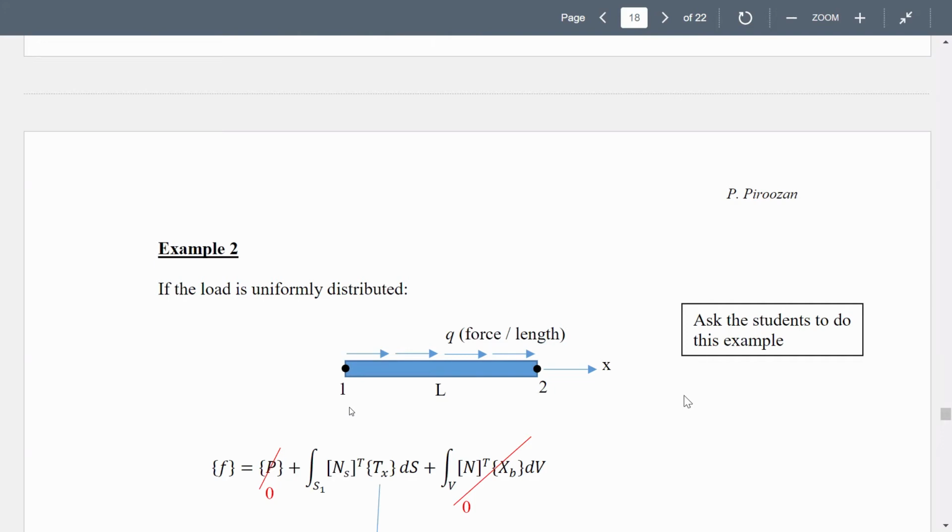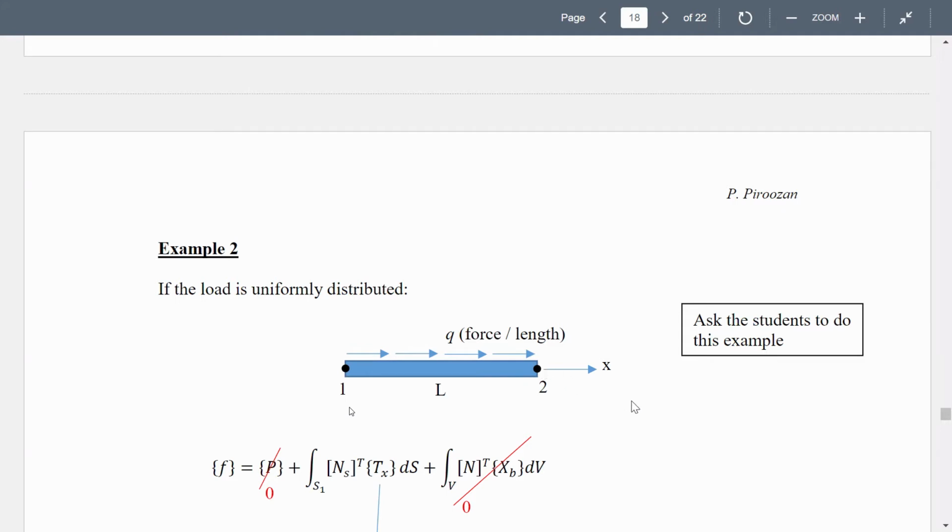Yes, sir. All right. Now I want you to make a sketch of this one. This is a uniformly distributed load. It is just force per unit length. It's not varying, so it's simpler. Force is distributed along this length. I want to find the equivalent of this. What force applies to node 1? What force applies to node 2?